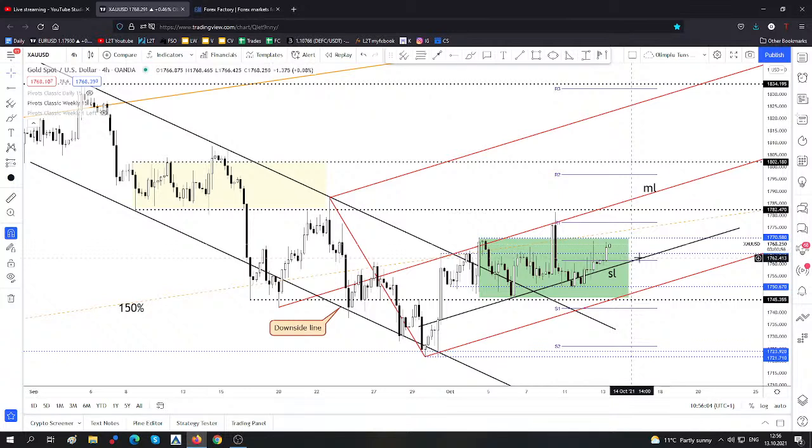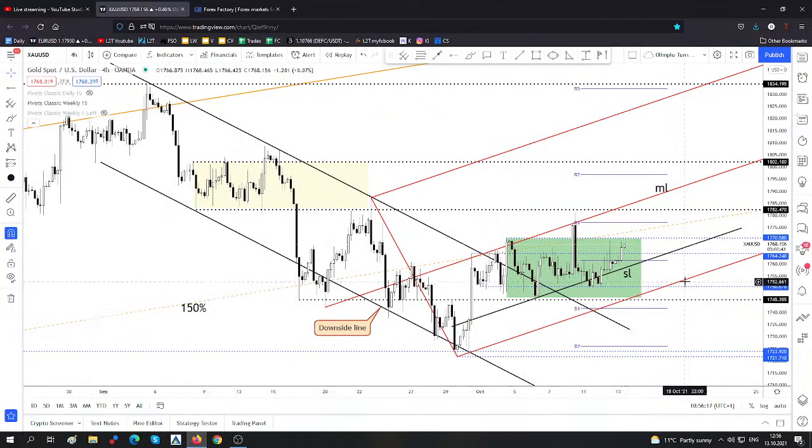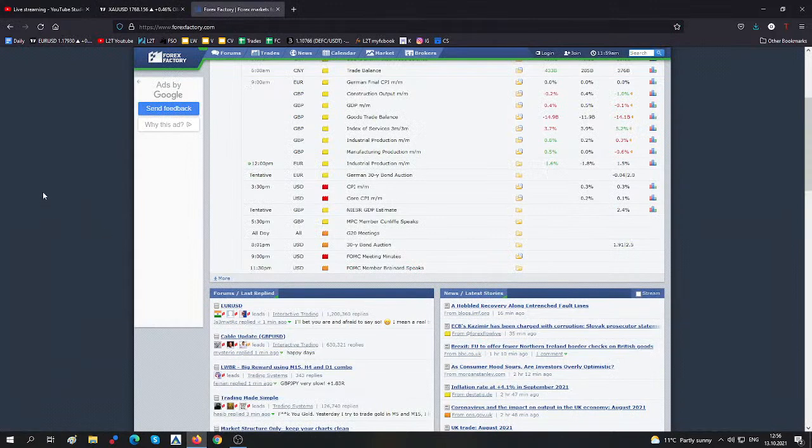Okay, so this is my opinion, my analysis here in gold. Personally, I still believe that as long as it stays above the pivot point, above this sliding line, it could still increase. As you already know, the price of gold is used as a hedge for inflation. We'll have to wait to see these numbers, the consumer price index and also the core CPI.